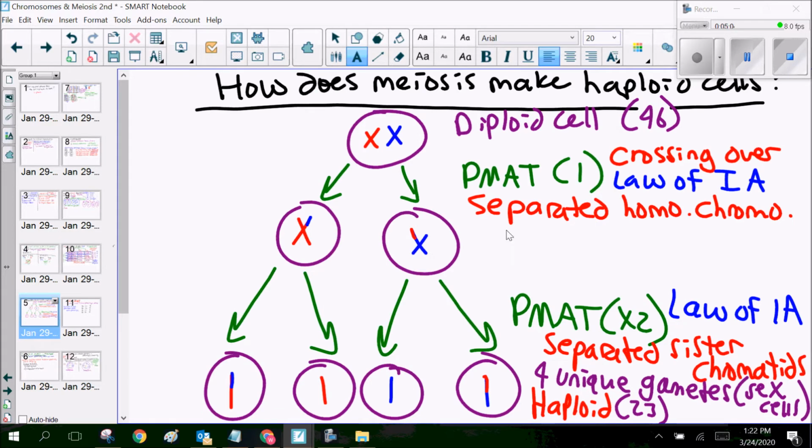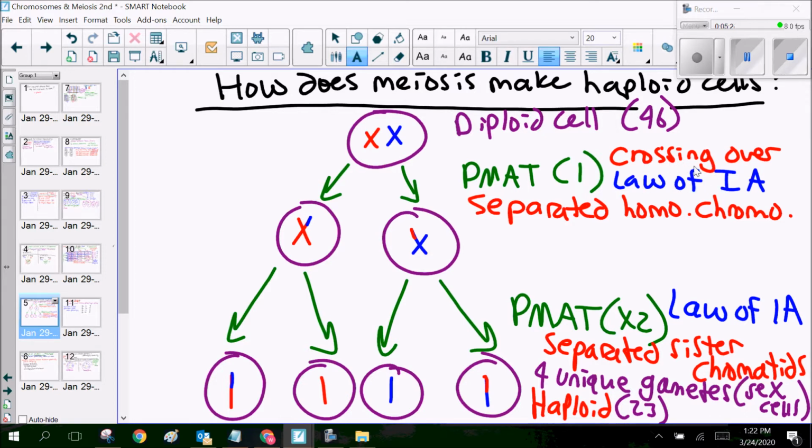So meiosis achieves this haploid division by taking a diploid precursor cell, undergoing one round of PMAT to go ahead and separate homologous chromosomes. During this time, it also ensures that there is some genetic variety in the cells that it's creating, unlike in mitosis.